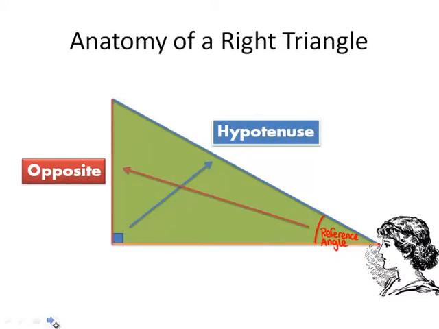The side that is adjacent to the reference angle is called the adjacent. So understanding these names is going to be really important in forming the proper proportions that we will need.